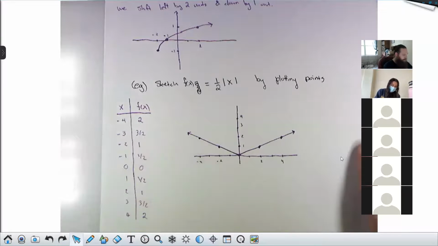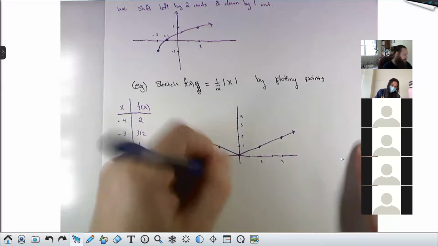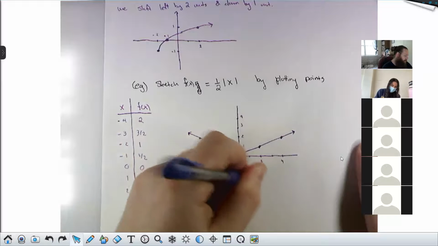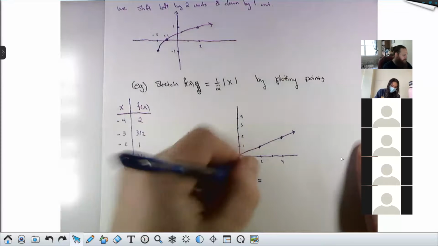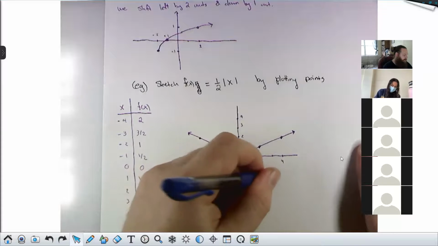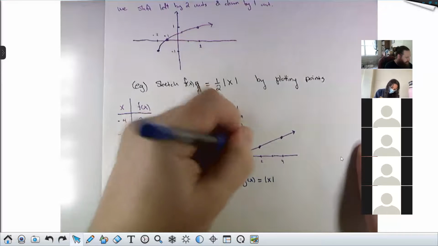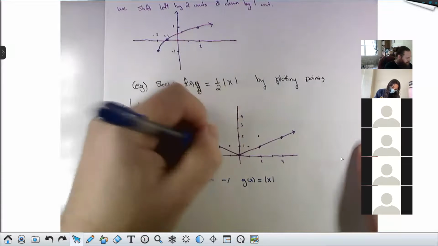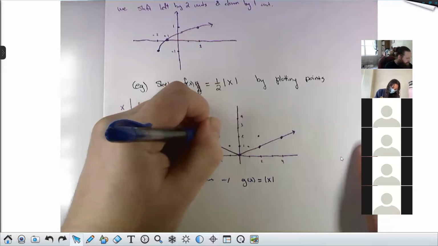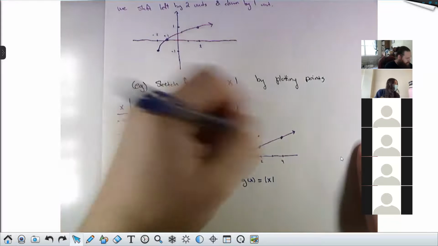And I would say we should compare this to, sort of, what's the real controlling thing here? It's the absolute value of x, whose graph looks like this.